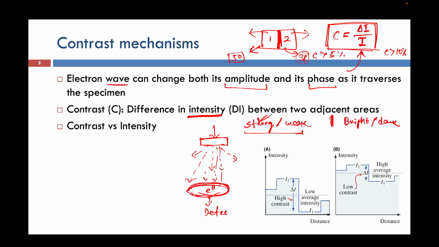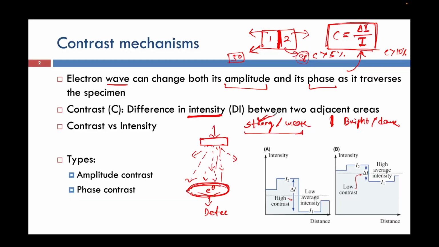When we are getting low intensity, only then will we be able to get a strong contrast. When we are getting a high intensity, we will not be able to get a good contrast.